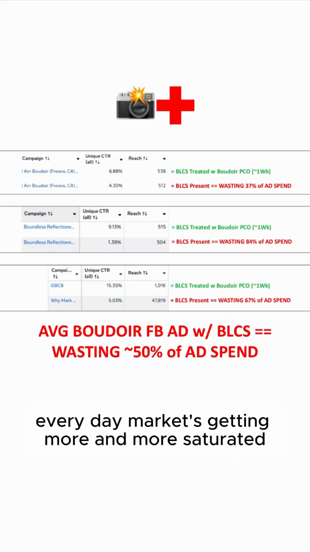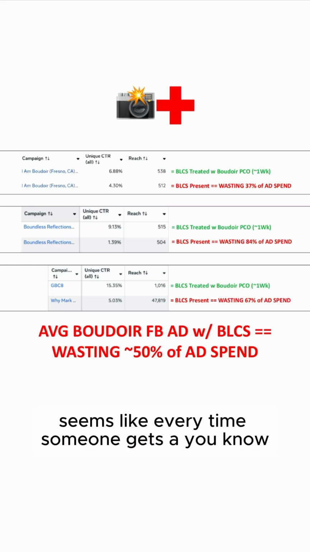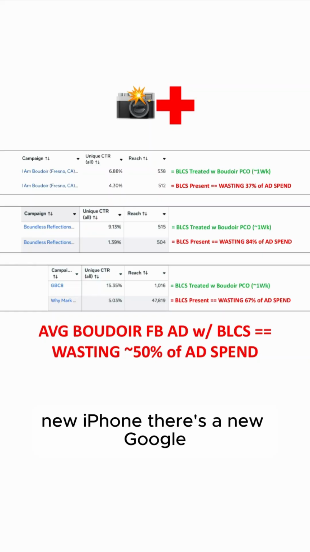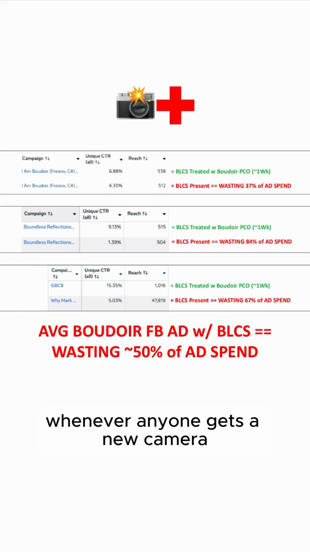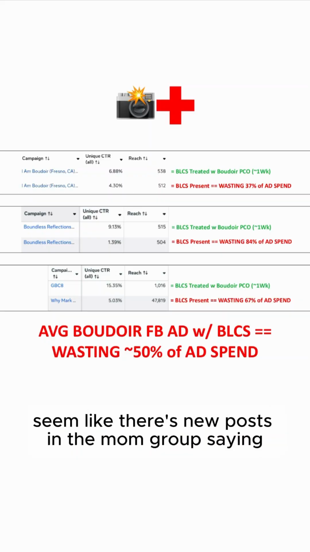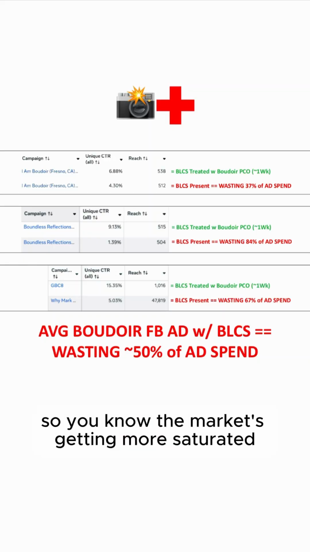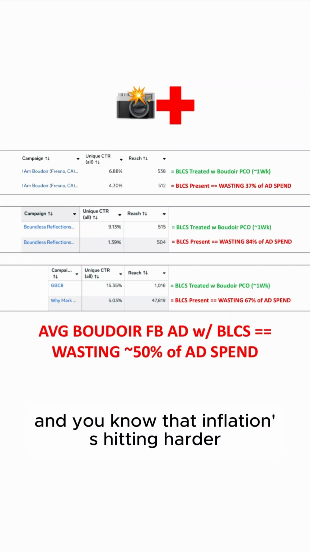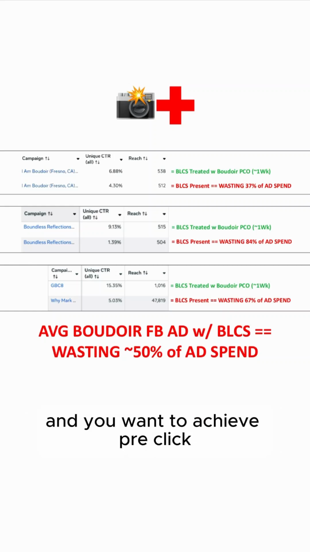Market's getting more and more saturated. Seems like every time someone gets a new iPhone, there's a new Google My Business profile going up saying they do boudoir shoots. Whenever anyone gets a new camera, seems like there's new posts in the mom group saying that they do boudoir shoots.